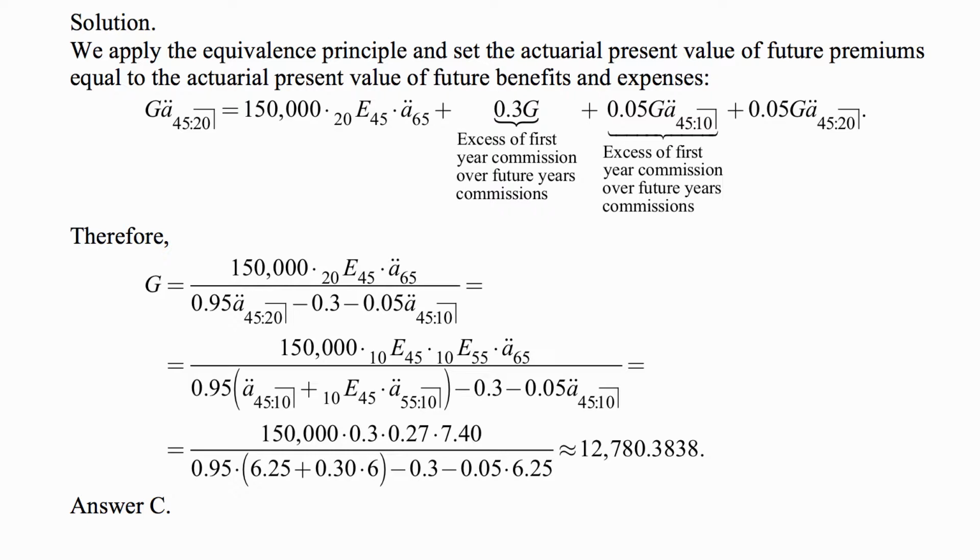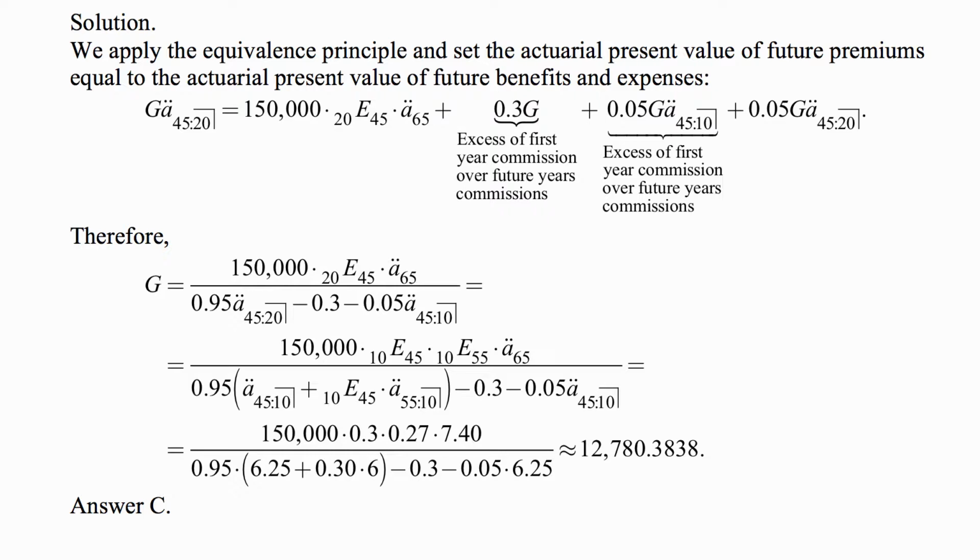And of course, if you take 0.3 plus 0.05 plus 0.05, you get 0.4, the first-year commission. If you take 0.05 plus 0.05, you get 0.10, which is the commission in the first 10 years, and then for the additional 10 years for a total of 20, we have this 5% which shows up in the last term.